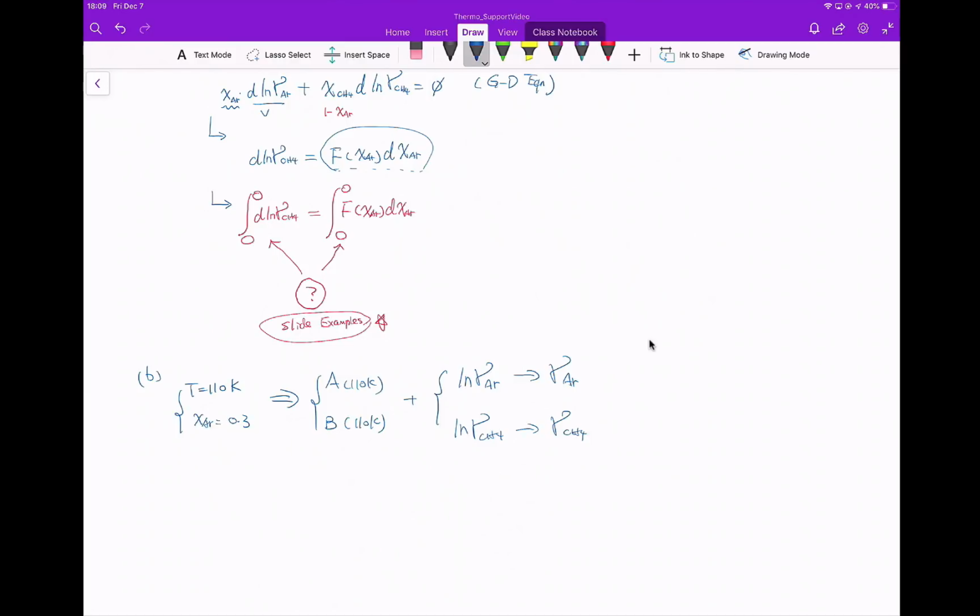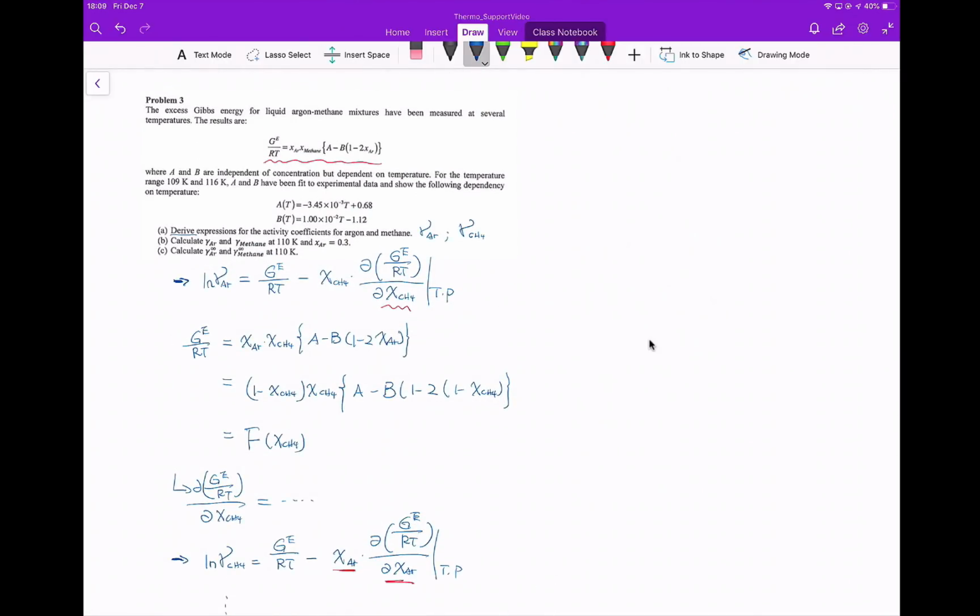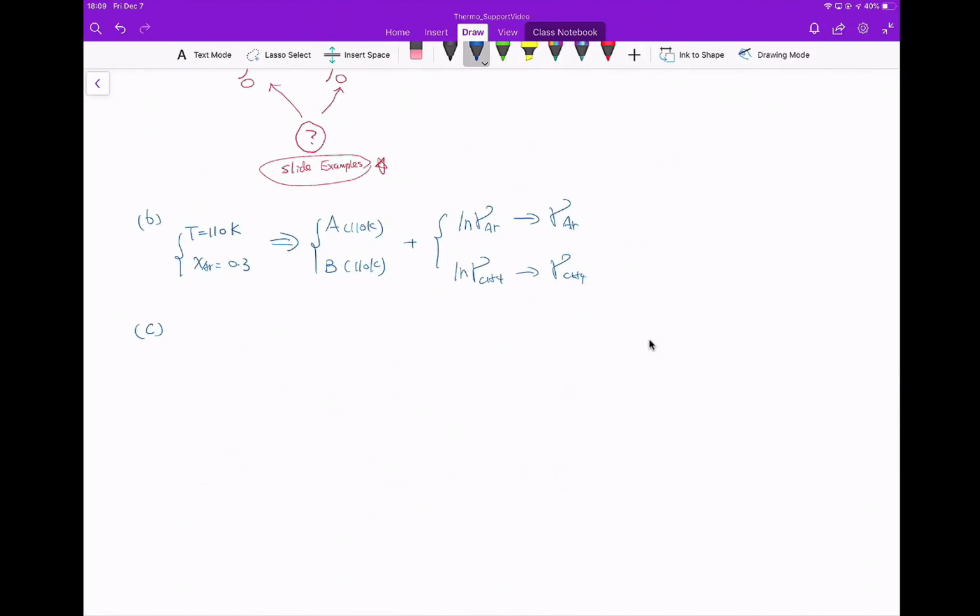Part C. Part C is asking us to evaluate what is the activity coefficient of argon at this 110 Kelvin. So in order to calculate that, we need to look at the solved log activity coefficient of argon in part A. So I'm copying this from the solution.